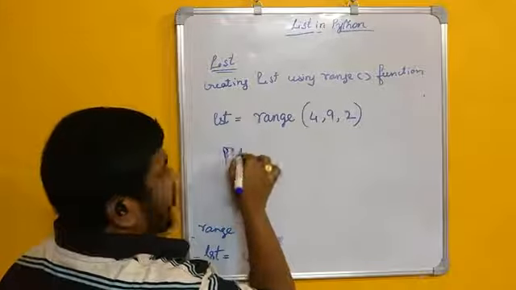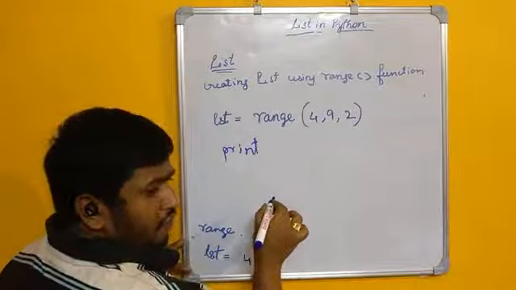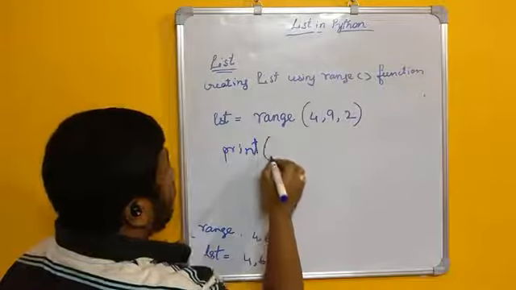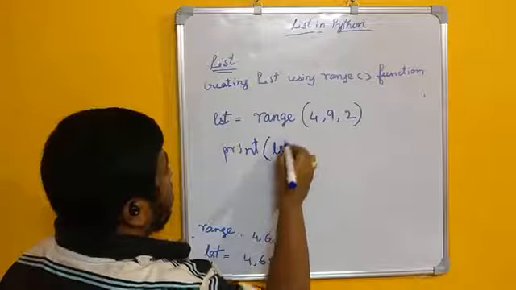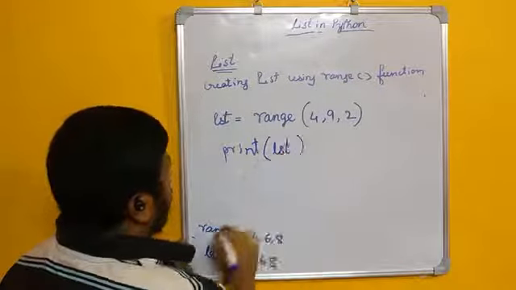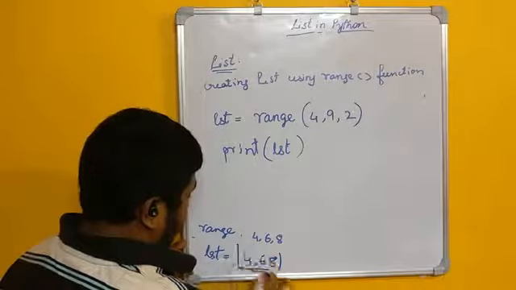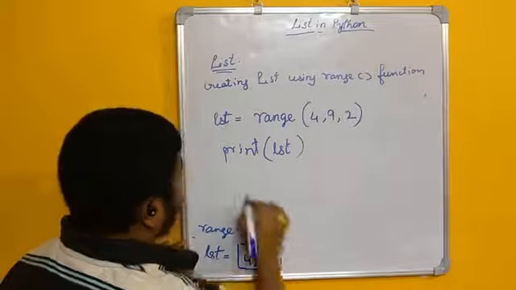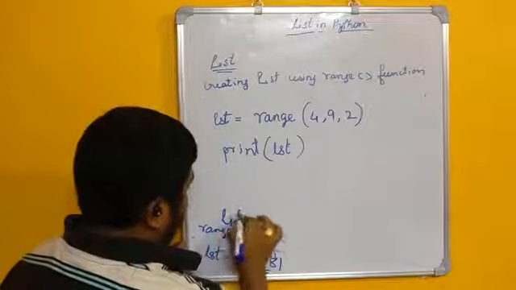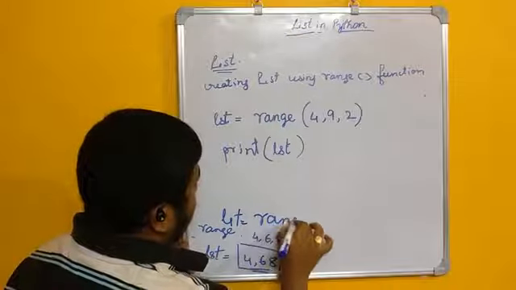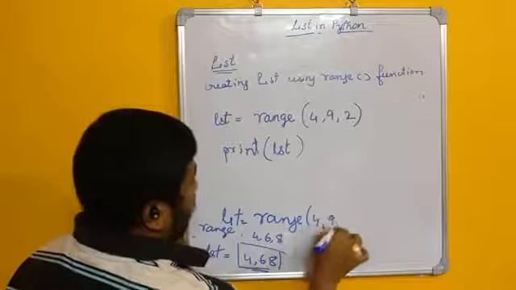If I print LST, what will LST store? LST will only store this generated range. LST now has the total range 4, 9, 2.